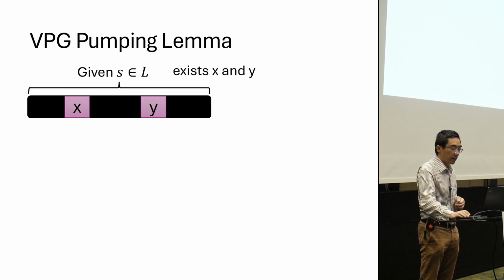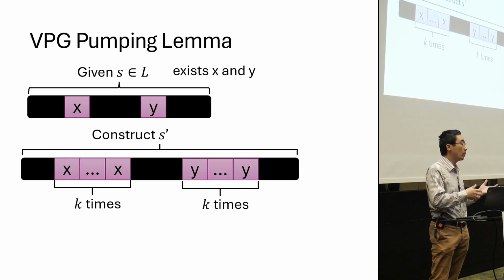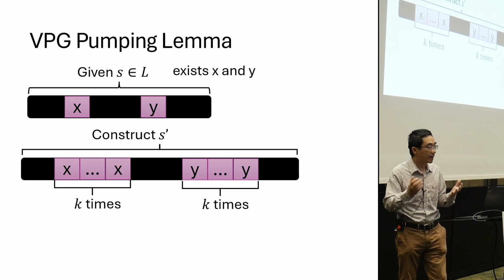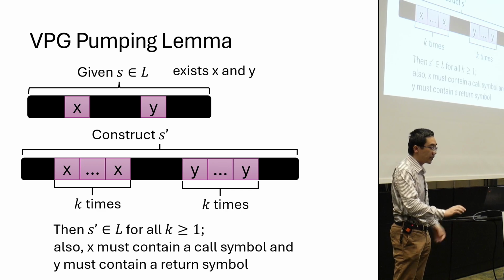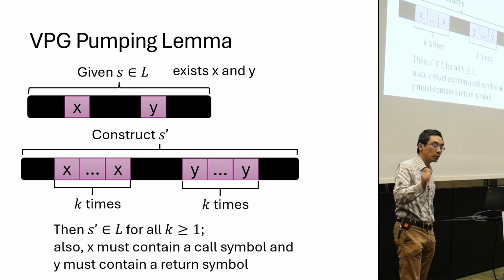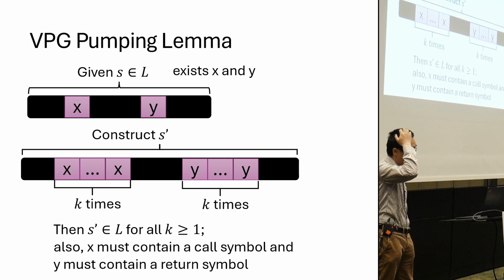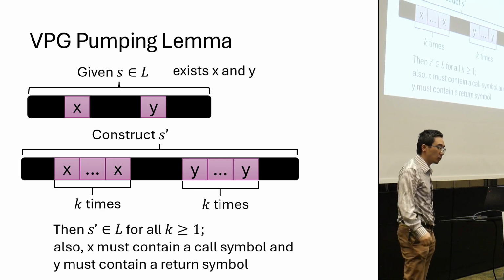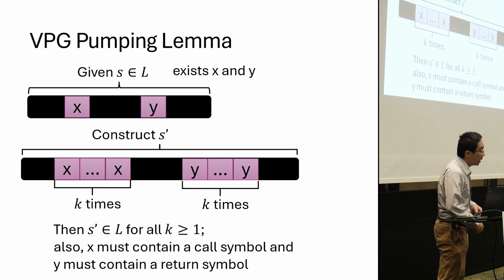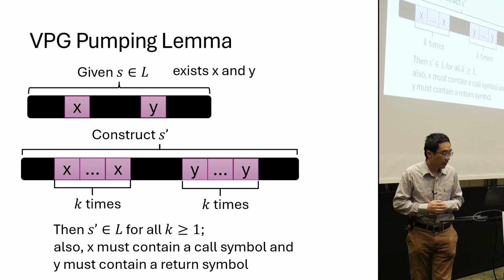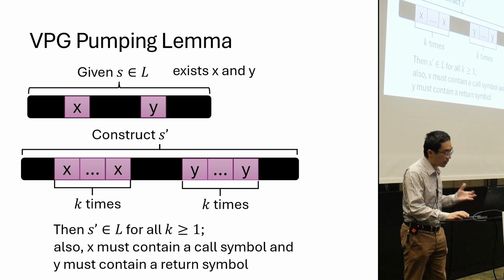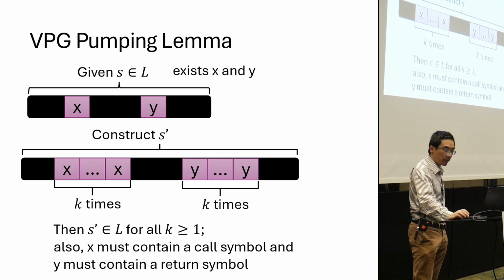So that if we repeat X and Y an equal amount of times, say K times, to construct this new string S prime, then it must be the case that S prime must also belong to this VPG language L for all K greater than or equal to 1. In addition, X must contain a call symbol, and Y must contain a return symbol. Okay. So that's the VPG pumping lemma we formulate.